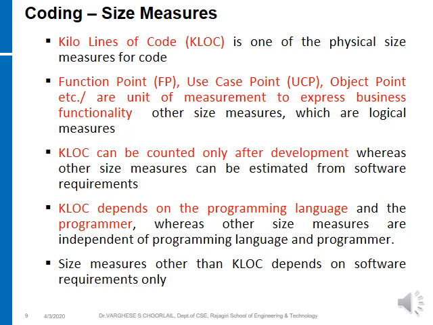That means kilo lines of code may vary with the programming language, and also depends on the programmer's logical skill. Whereas other size measures are independent of programming language and programmer. Size measures other than KLOC depend upon software requirements only.